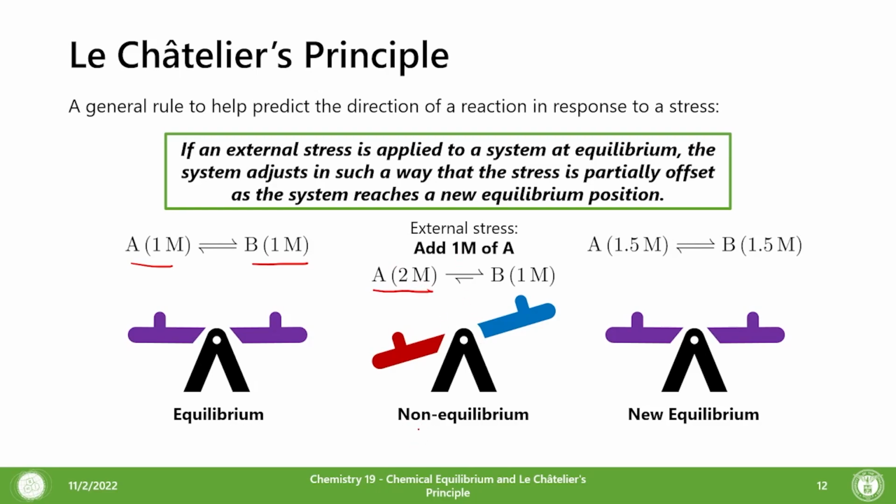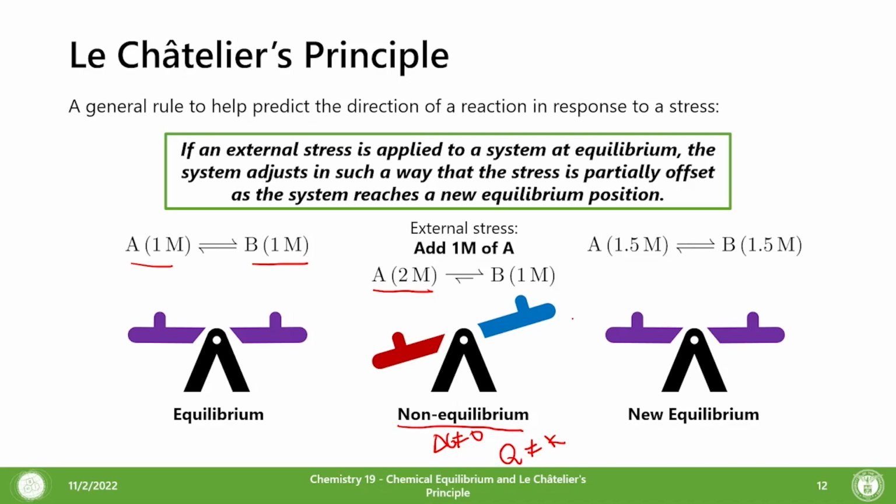This will be a non-equilibrium, and therefore delta G will not be equal to 0, and Q will not be equal to K. Therefore it must proceed in a way that the stress will be relieved. So in order to decrease the stress at the left side, we must increase the concentration of B by moving the reaction forward.